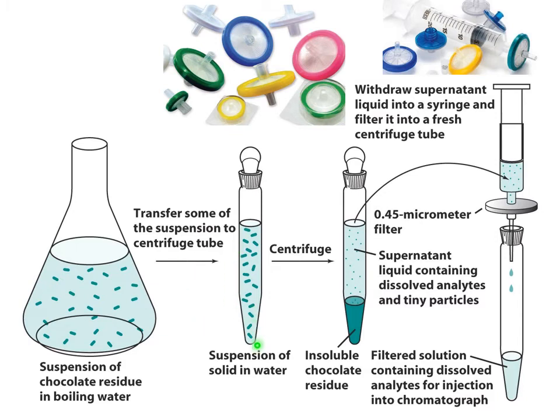Now next, we want to remove these solids from our solution. So we again centrifuge, leaving insoluble chocolate residue on the bottom. The liquid above still contains tiny particles that we want to remove. So we'll filter this aqueous solution.